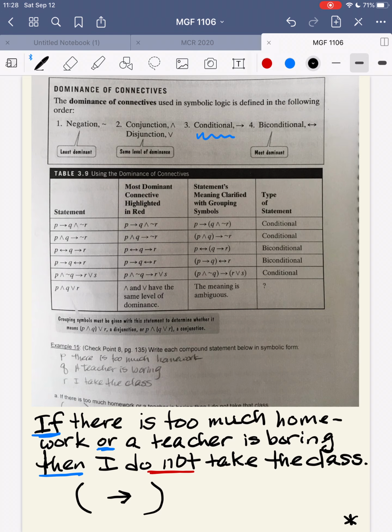So if there is too much homework is my P. Oh, I messed this up. No, sorry. It doesn't go there. My apologies. I just noticed that. Or a teacher is boring. Or is my symbol here. A teacher is boring is my Q. Right. So the if, then it goes on the outside. My apologies. Please make sure that you notate that. All right. I do not take the class. So that's the negation of R.